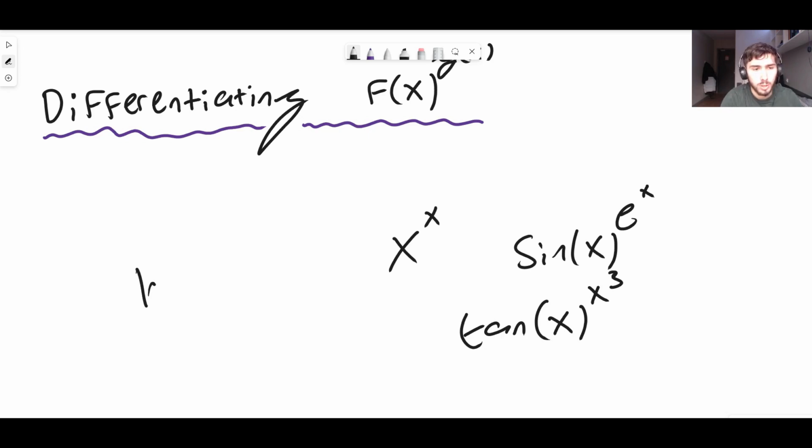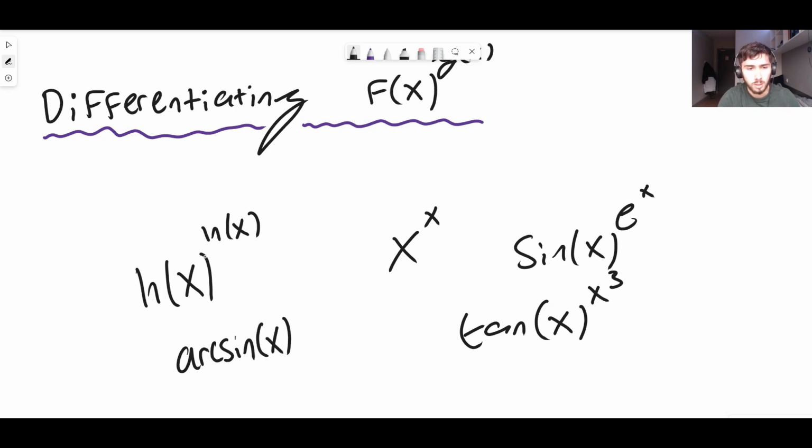We could do the natural log of x to the power of the natural log of x, or arcsine x to the power of x. Things like this. These are all functions of the form f of x to the power of g of x, aren't they? Because there is a function on the base and there is a function in the exponent.